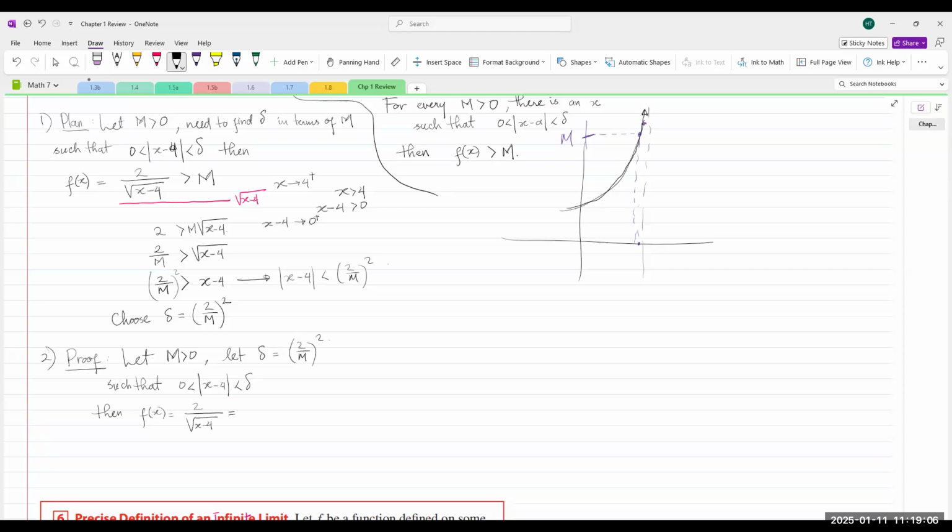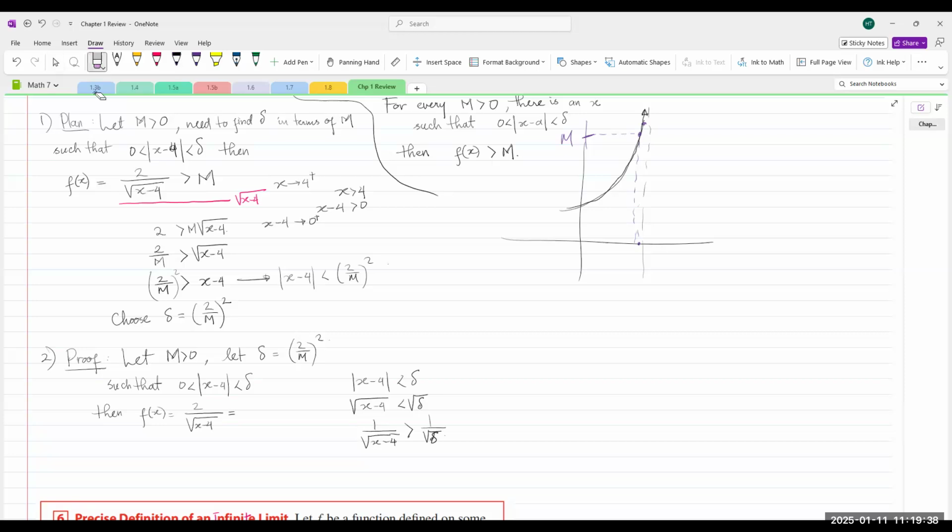See, if I want to say this, if square root of absolute value of x minus 4 is less than delta, the square root function is an increasing function, so this is less than square root of delta. The reciprocal, however, we need to reverse the inequality. You see what I mean?